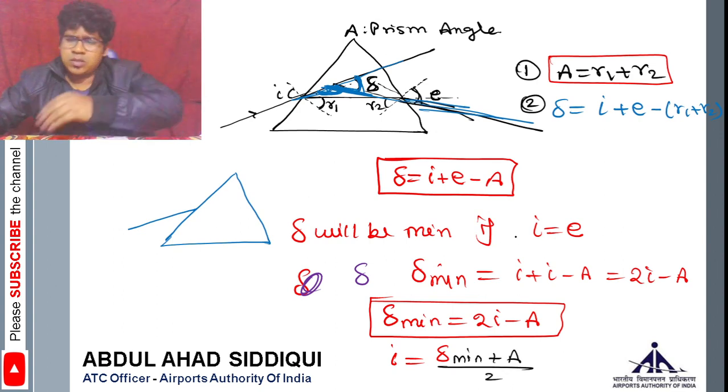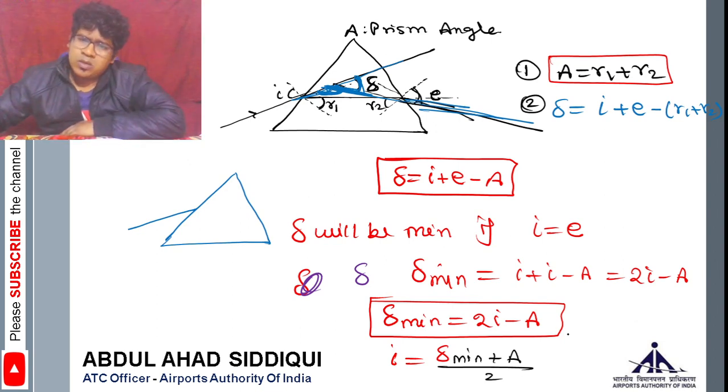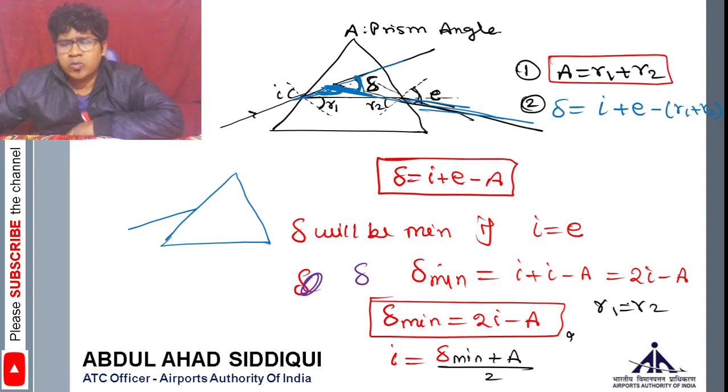And for minimum deviation, R1 should be equal to R2. If I is equal to E, then R1 is equal to R2. Let's say both are equal to R, so R1 plus R2 means 2R, and A is equal to 2R, so R is equal to A by 2.